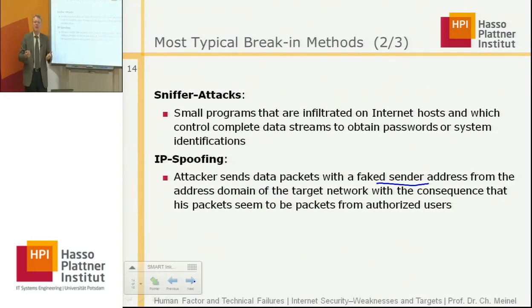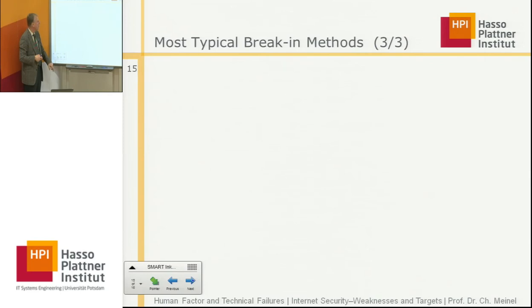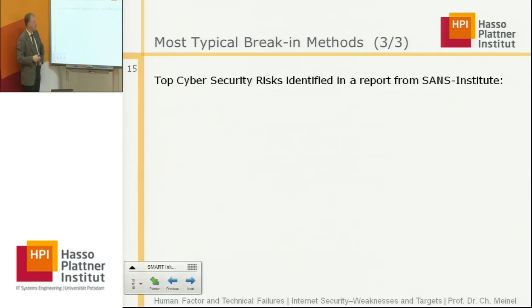So controls are much smaller than if the firewall recognizes that the message comes from outside, from an untrusted computer. One can also apply exploits of the sendmail server, which are very popular, and so damage could be caused.